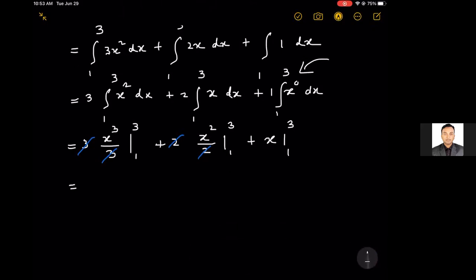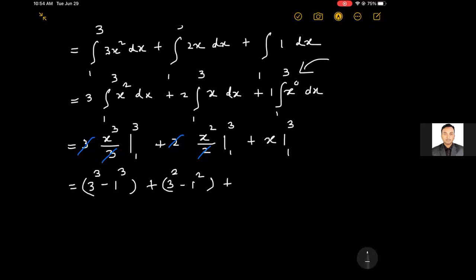So if you remember, we need to evaluate it at the upper limit. So replace x by 3 minus, we need to evaluate it at the lower limit. So replace x by 1. Same goes for the next one. Replace x by 3 minus replace x by 1.